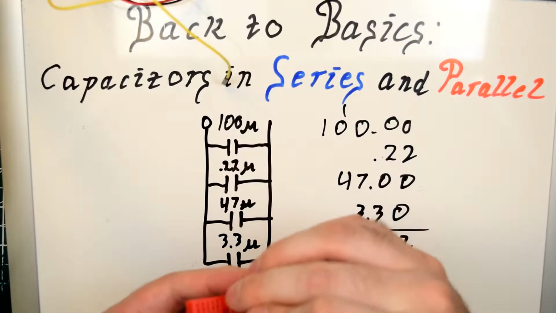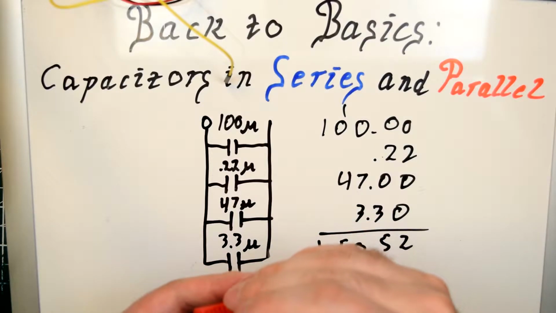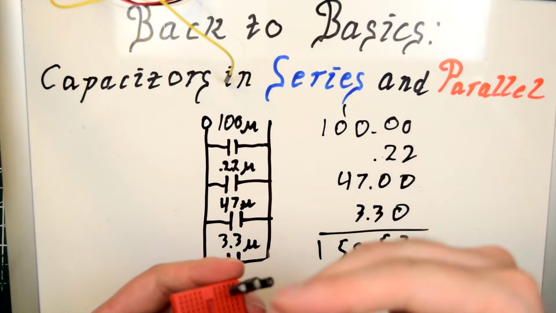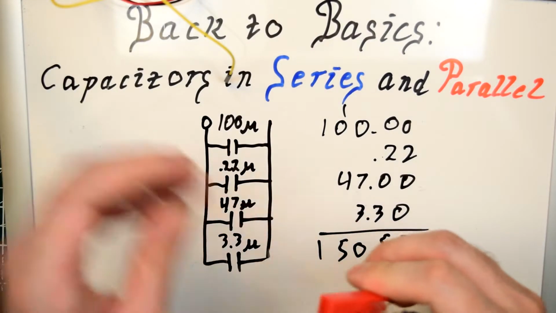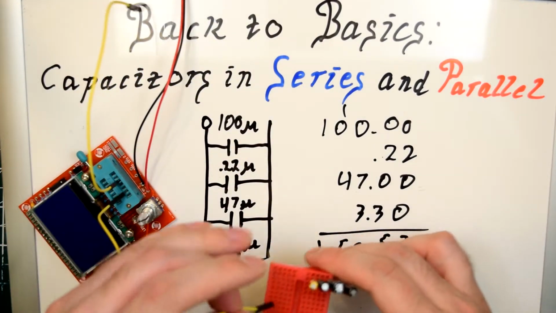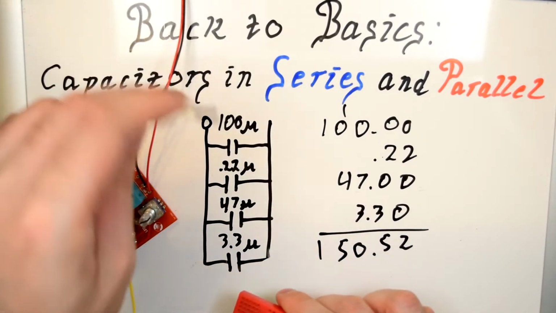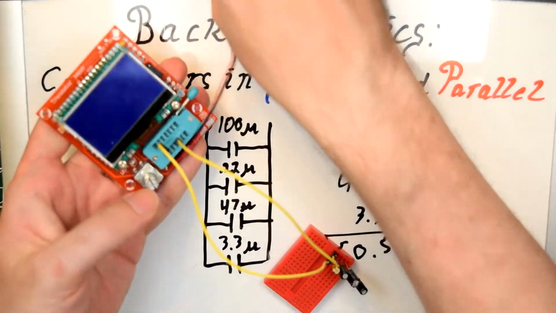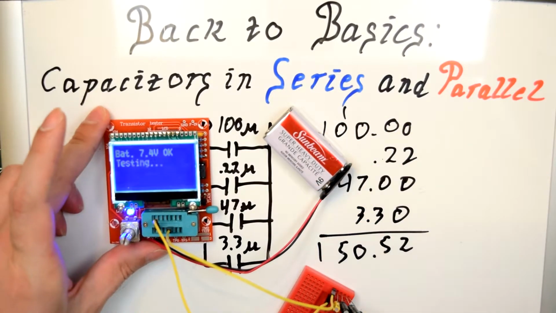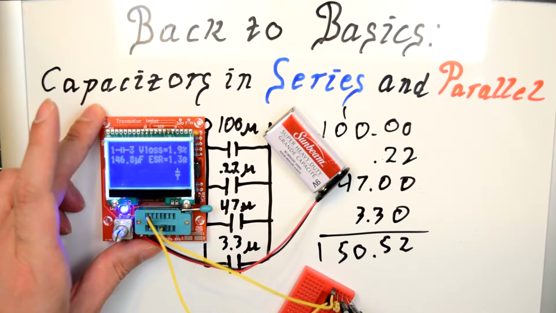Make sure the polarities are correct. We'll grab the tester again and put the leads in the tester. So we should see around 150 micro when we start this tester. Let's see what we get. We get 146.8 micro, so that's fairly close.